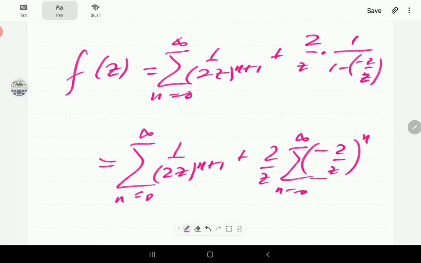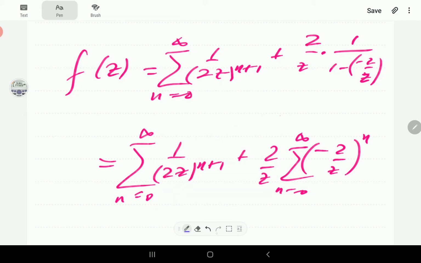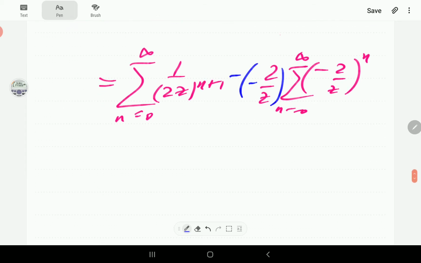This term almost looks like this one, but we can't combine them as they are because this one is negative. However, if we had a negative there, then we could do so. So what we do is we introduce a negative here, but if we introduce a negative there, then there must be another negative there.